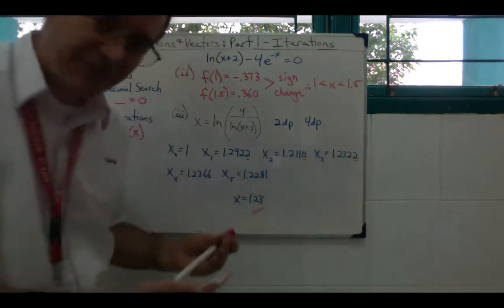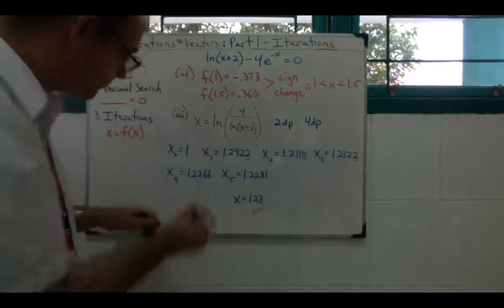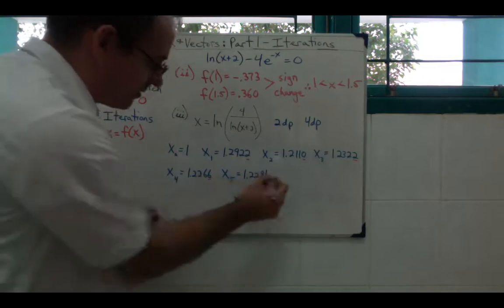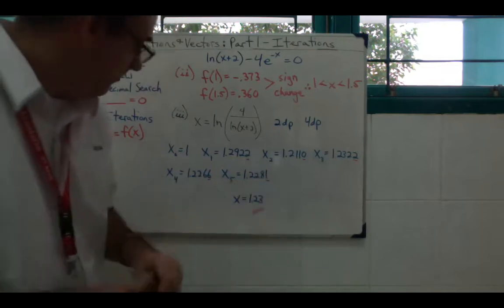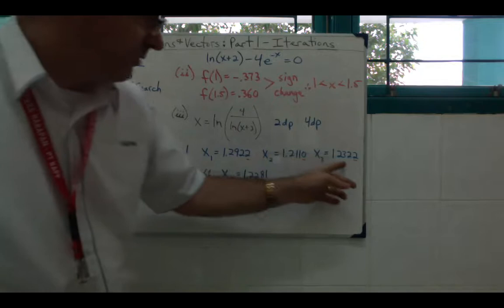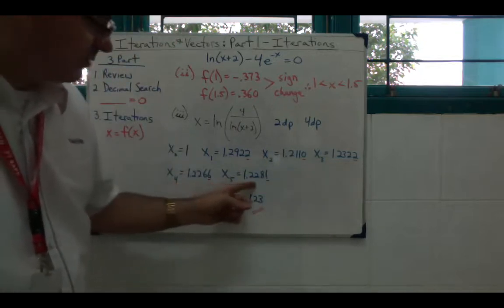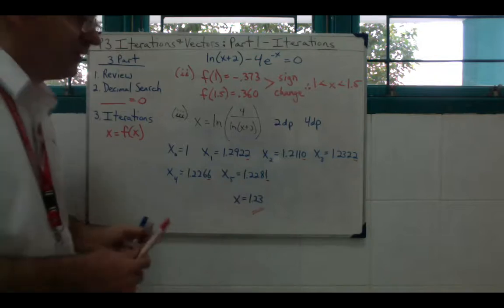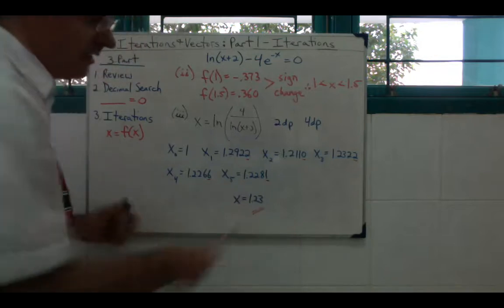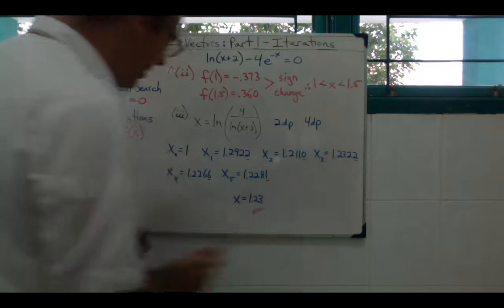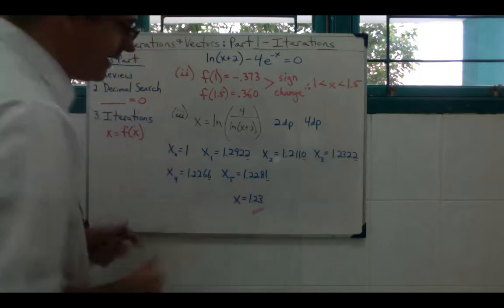Check the number after it to see if it rounds up or not. So make sure you're checking those 4th numbers. And then you get 1.2322, 1.2266, 1.2281.